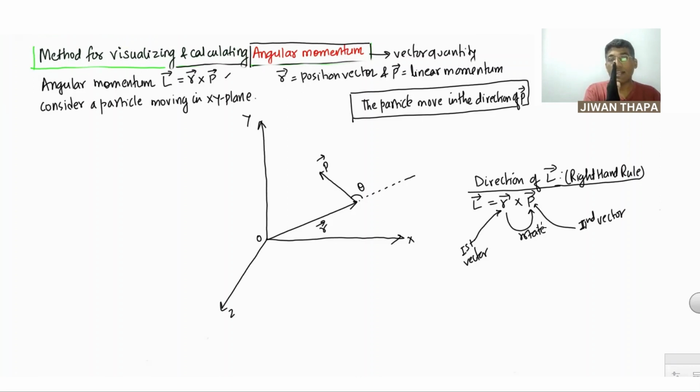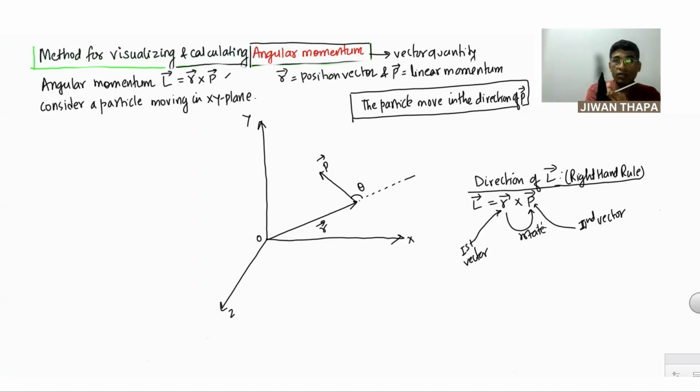I am keeping my finger along the direction of R. Let's say the black pen gives the direction of position vector R, and the pencil gives the direction of linear momentum.